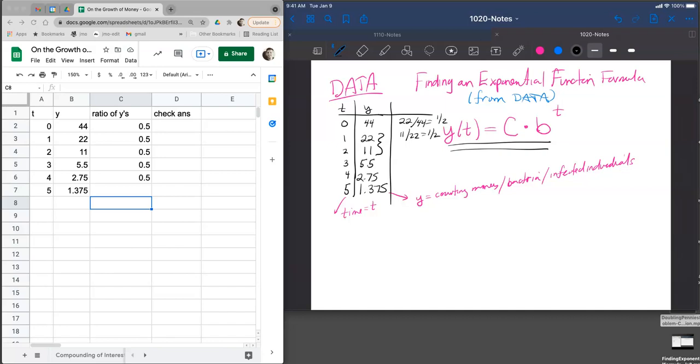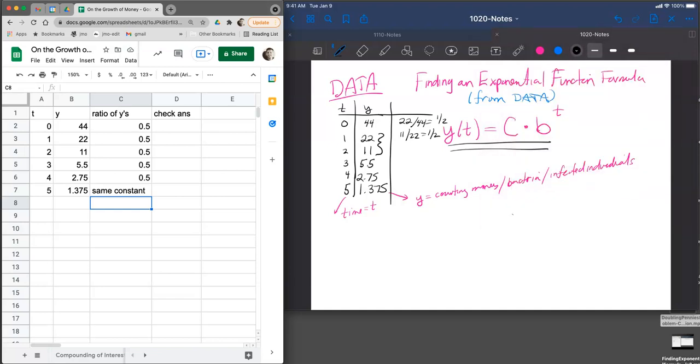So we have a constant ratio of all of our y values, the same constant, 0.5, and therefore it is possible for us to find a function of an exponential form.